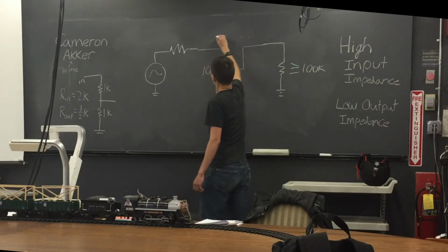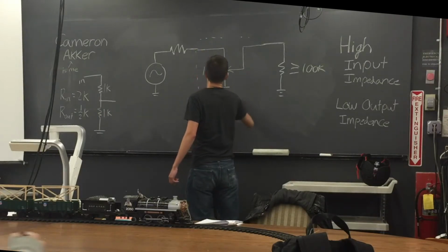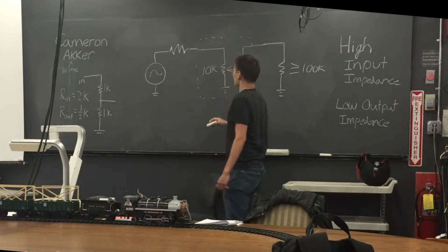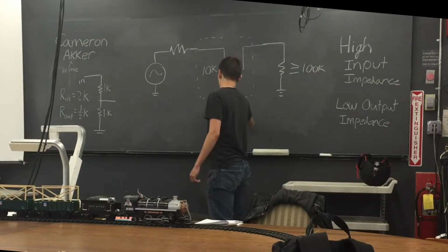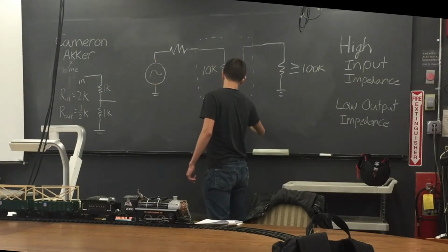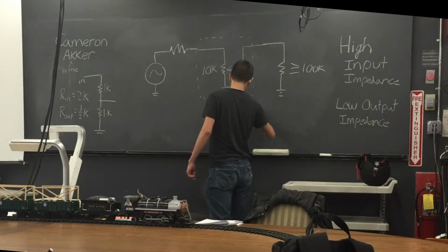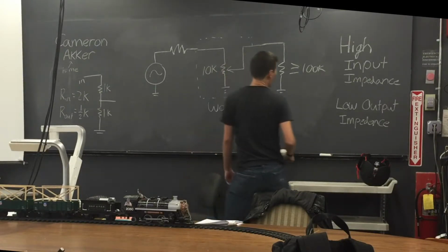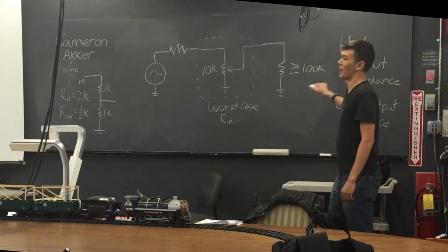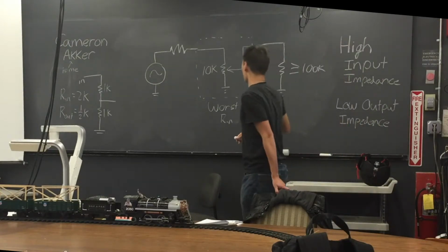Just looking at this component, the input impedance of this. So we want to do all the worst cases. So worst case, Rn, we want Rn to be high. So what's the lowest Rn you can get?